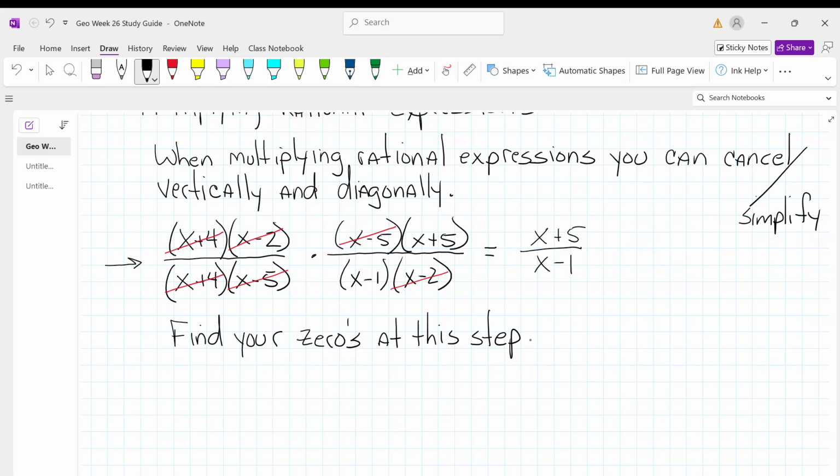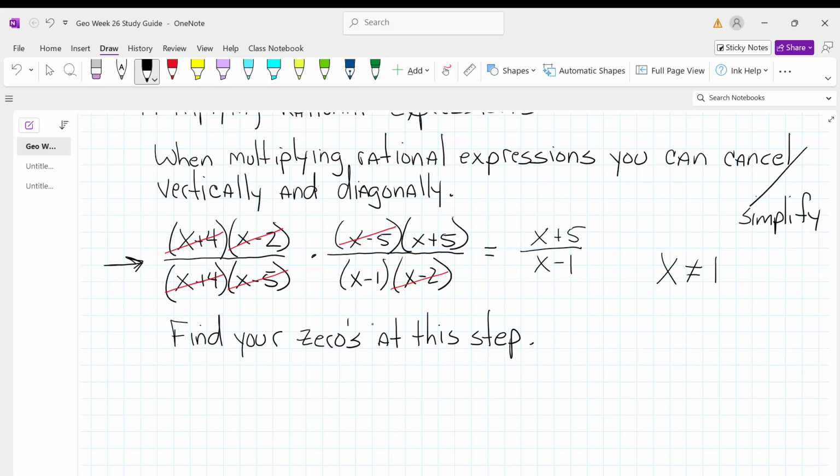All right, because if you wait till just the last step, in this case, if you have x plus 5 over x minus 1, well, the only value that x couldn't be equal to would just be the 1. But in the previous step here, there's actually 4 values that x cannot be equal to.